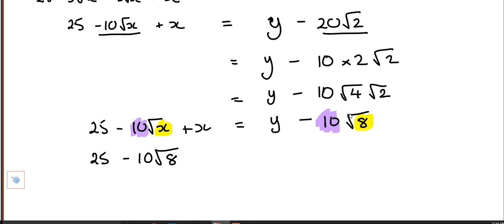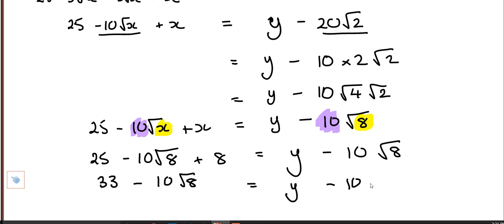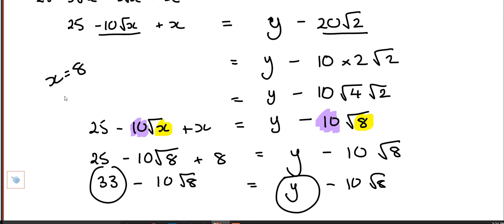We'll have to talk about it next time. Keep these questions for next time. So, and I've still got another plus 8 because there's another x. Now, 33 minus 10 root 8 is y minus 10 root 8. Therefore, y is 33. So I know x is 8, y is 33.